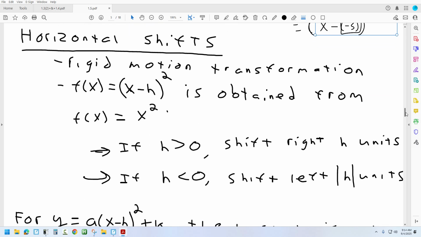But that's how I do it. Always think of your problem as x minus something, and then whatever comes after the minus indicates which way to shift it. If the part after the minus is bigger than 0, you shift right. If it's less than 0, you shift left.